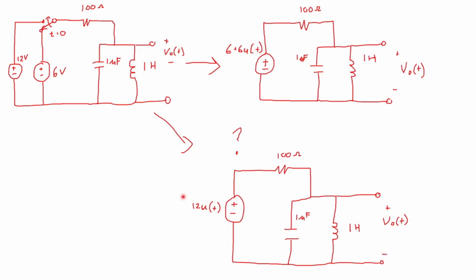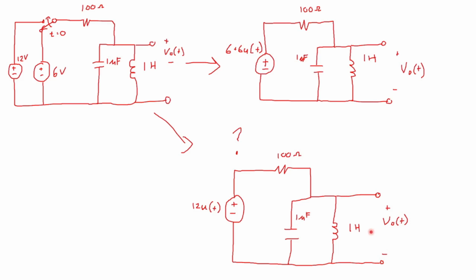It actually has the same Laplace transform as 12u of t. So what's important to remember is that I have written this very carefully to be an accurate description of this circuit for all time.